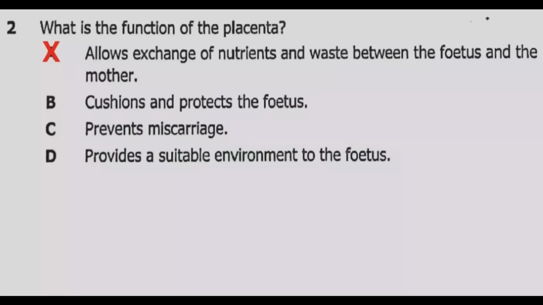No, that is the function of amniotic fluid. C, prevent miscarriage, that is the function of the cervix. D, provide a suitable environment to the fetus, that could be amniotic fluid or uterus. So the correct answer is A.